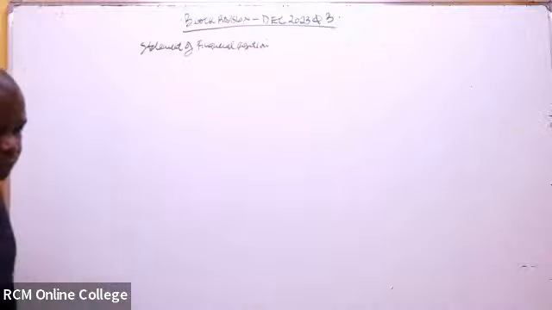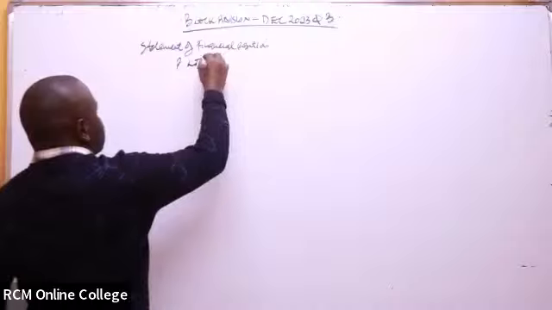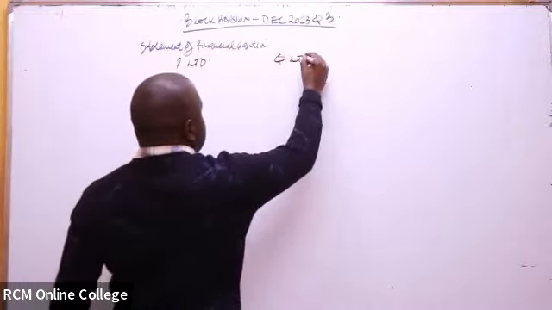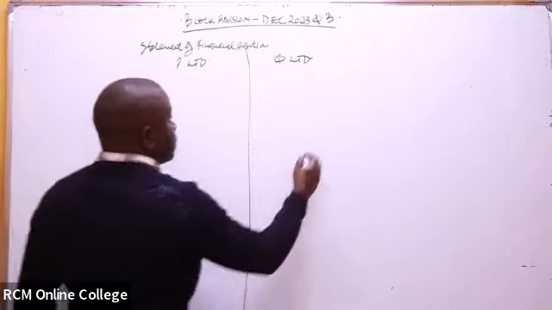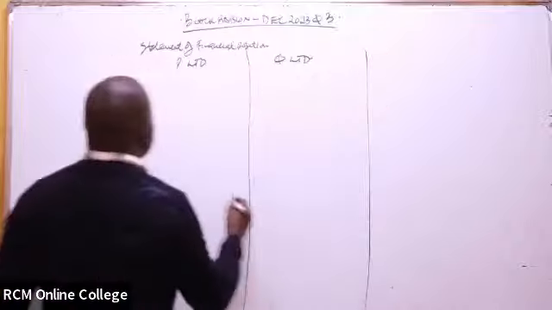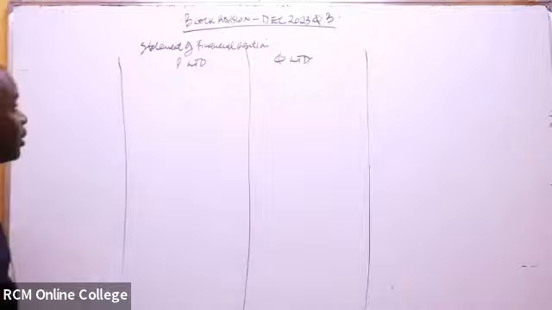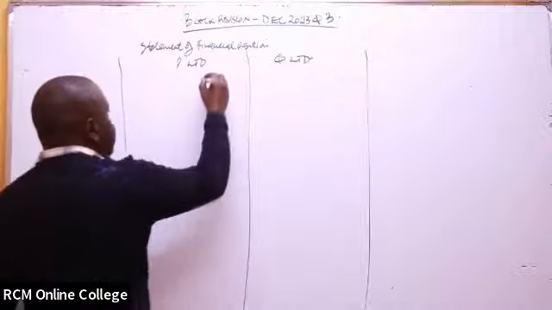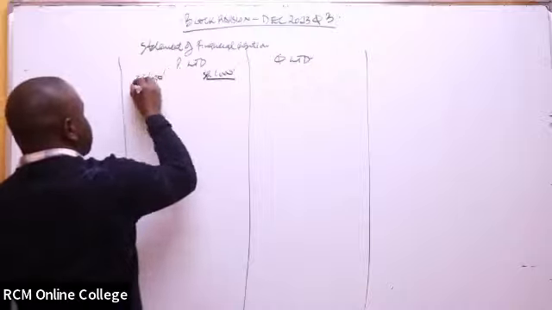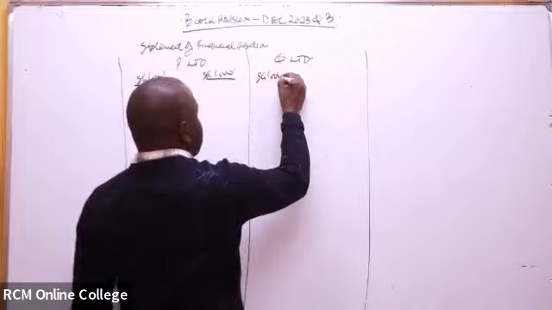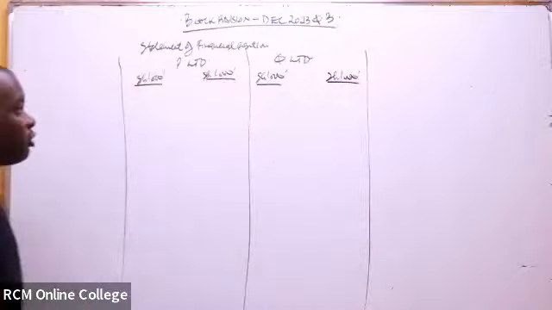It is for two companies, P Limited and of course Q Limited, with shillings in thousands.